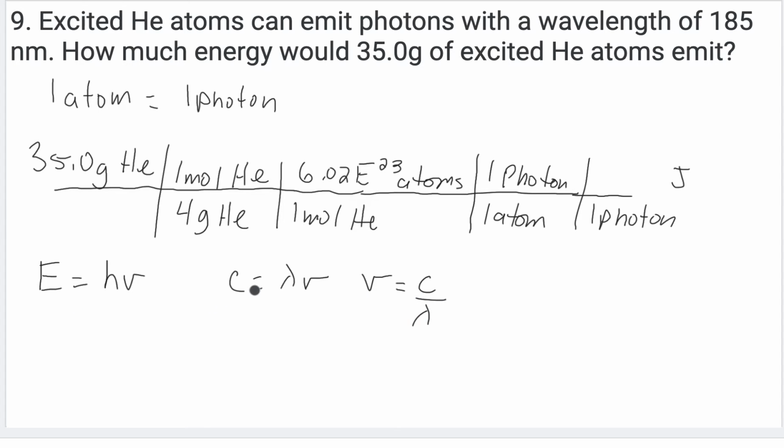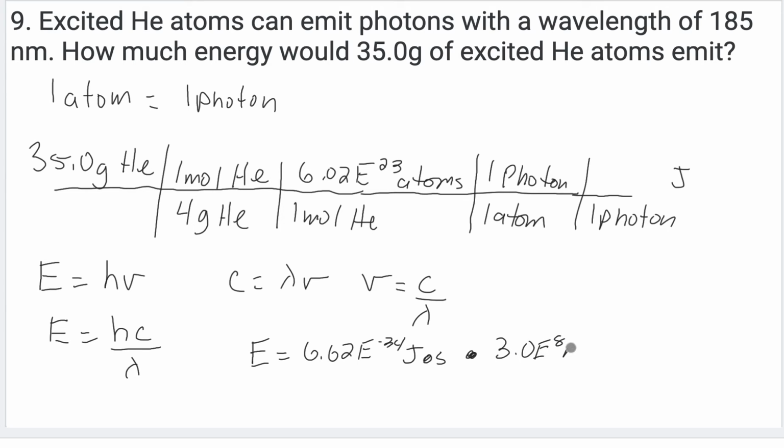Now we can combine these two together by substituting that in, and we get energy equals Planck's constant times the speed of light divided by the wavelength. So the energy will equal 6.62 e to the negative 34, that's Planck's constant, joules times seconds, times the speed of light, 3.0 times 10 to the 8th meters per second, divided by the wavelength.